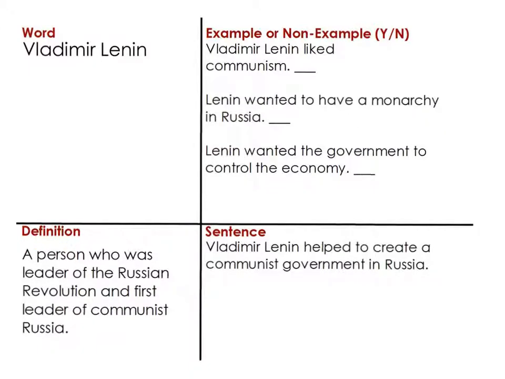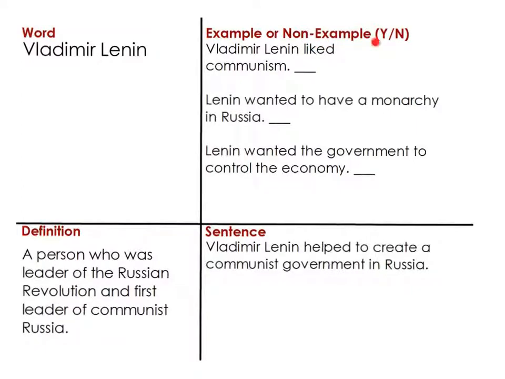Here's the definition. A person who was leader of the Russian Revolution and first leader of communist Russia. Let's read a sentence. Vladimir Lenin helped to create a communist government in Russia. Now let's look at example or non-example.